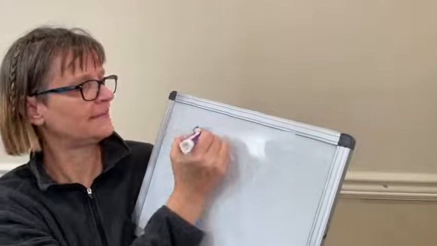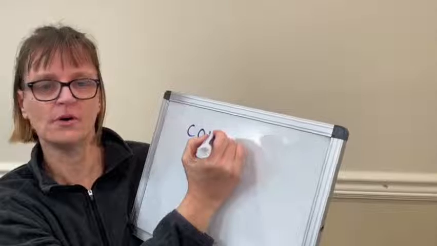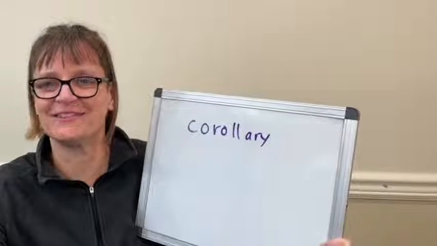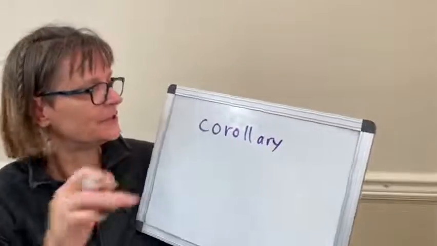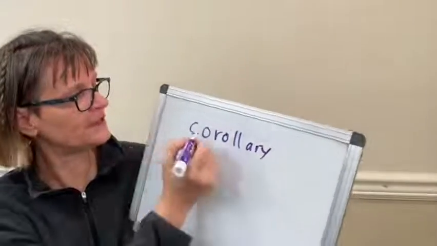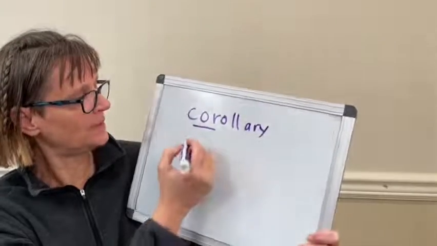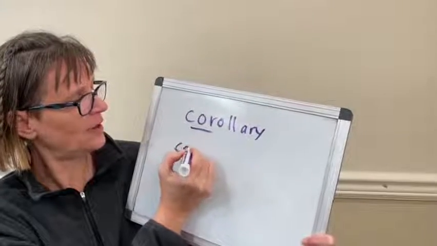I'm going to go to some of our requests. So we had a request for the word corollary. Let's take a look at that. So in corollary, we have first syllable stress. Letters OR do say or. That sounds like core.